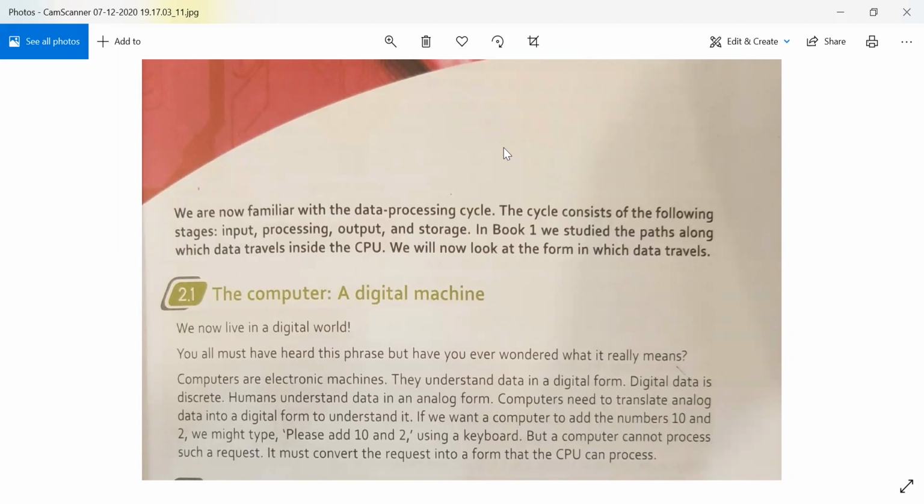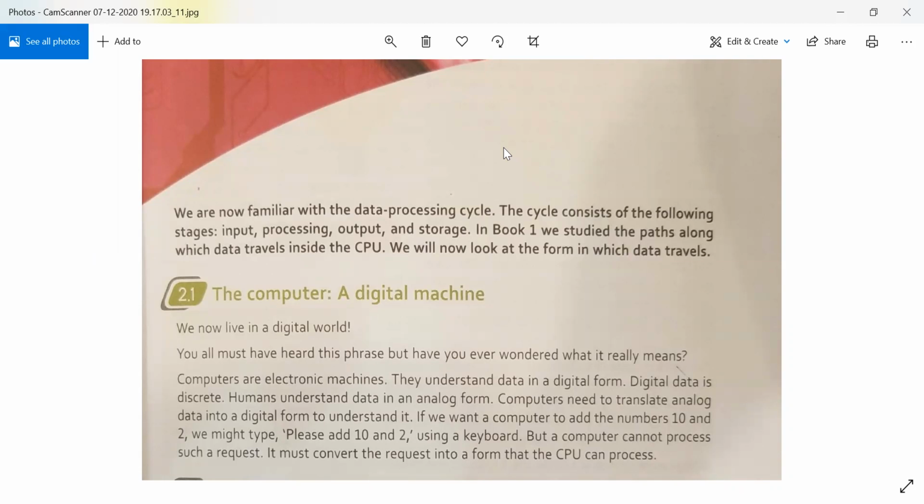Beta, first of all, they have given you an introduction that in chapter number 1, you are already clear with the data processing cycle. We all know that it consists of the stages: first of all input, then the data is processed, then our output comes, and then we can store it in our storage devices, right?